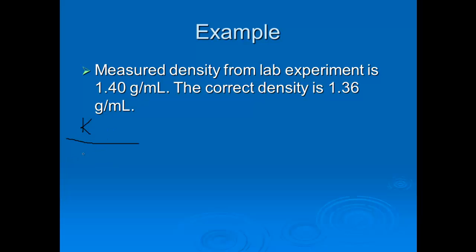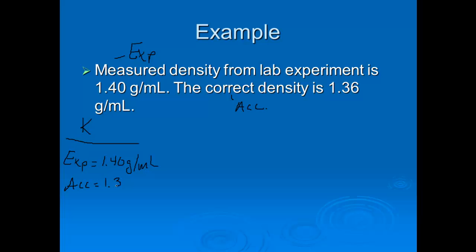Now when you do the known, you can't just write the numbers, you have to tell me what it is. So if it's measured, measured is another word for experimental. So my experimental value is going to be 1.40 grams per milliliter. The correct density, another term for correct, is accepted.